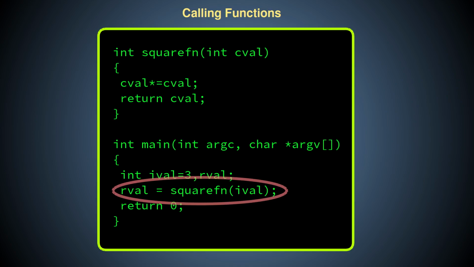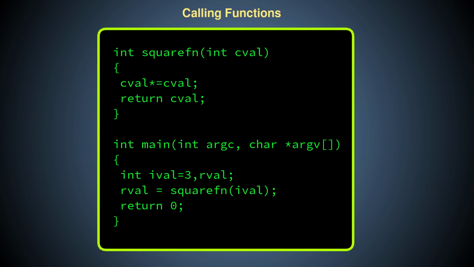In this example, rval, which started off with some undefined value because we didn't initialize it, will end up taking on the return value of the squaring function that was called with the argument ival. Because the value of ival is 3, this means the return value of the function will be 9, so rval will take the value 9.